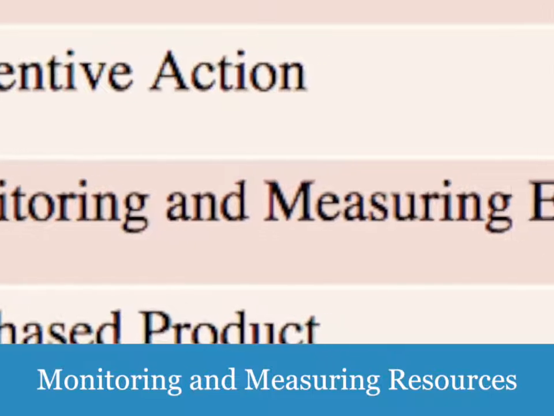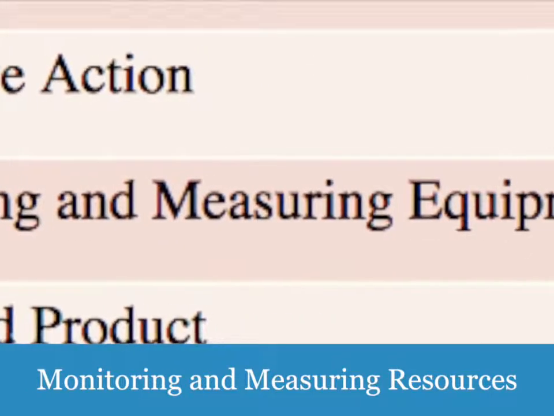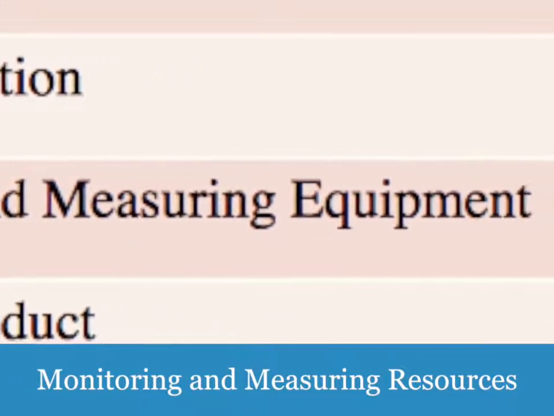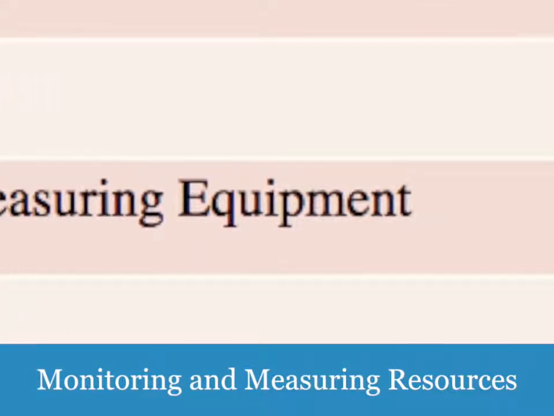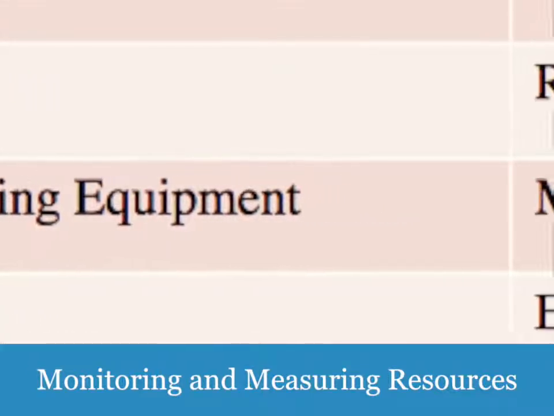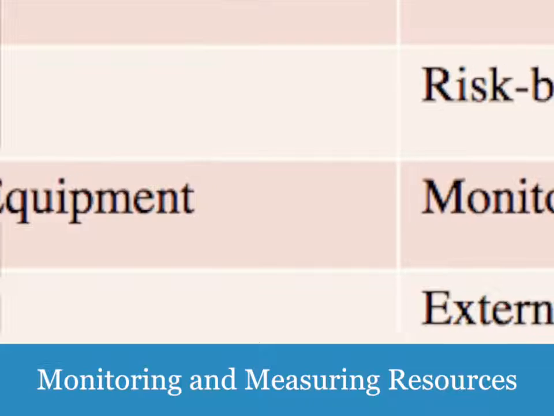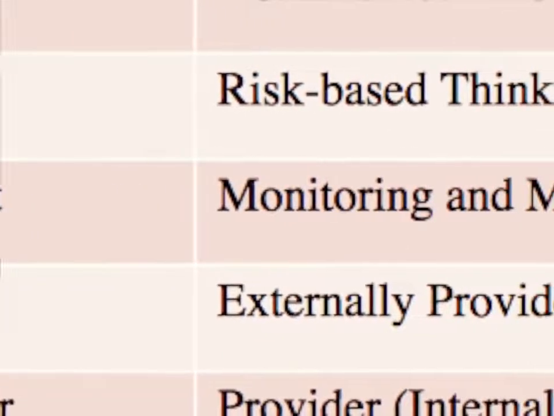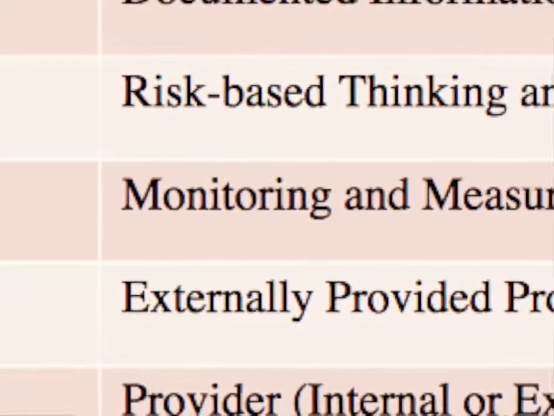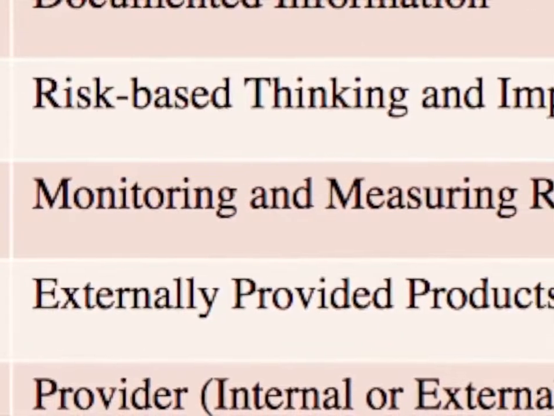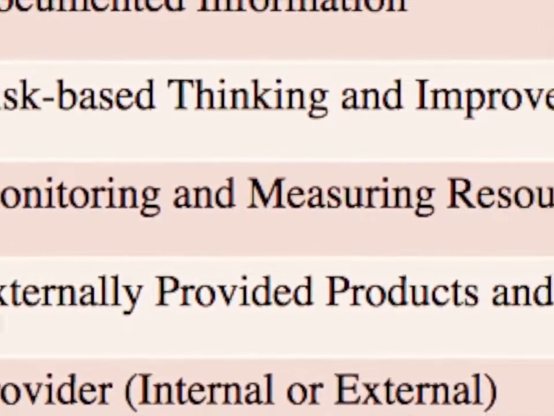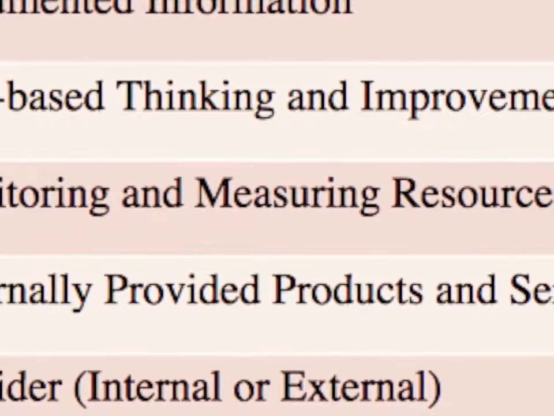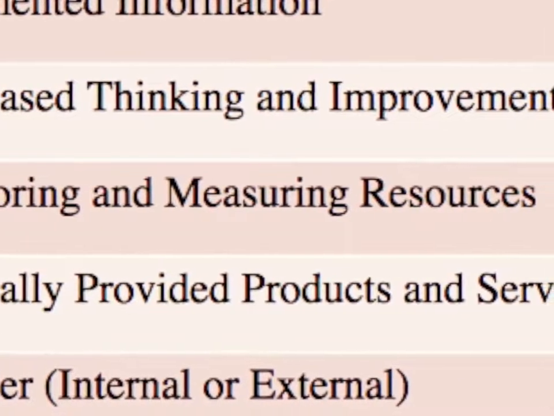Monitoring and measuring equipment has been renamed Monitoring and Measuring Resources. This change broadens the scope of monitoring and measuring beyond calibration to other areas of the business where measures and metrics should be monitored, reported, and appropriate actions taken.